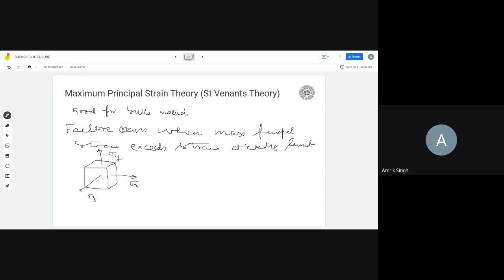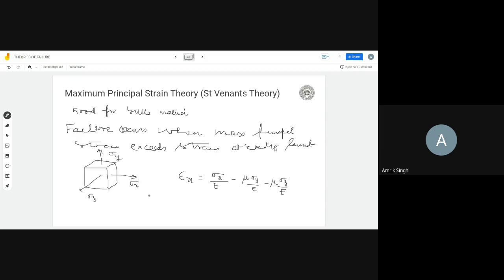So the principal strain epsilon x will be equal to sigma x divided by E minus mu times sigma y divided by E minus mu times sigma z divided by E. So this formula you know.